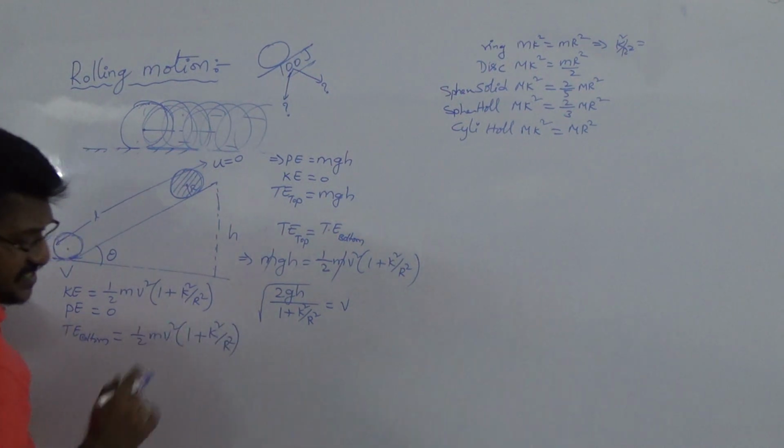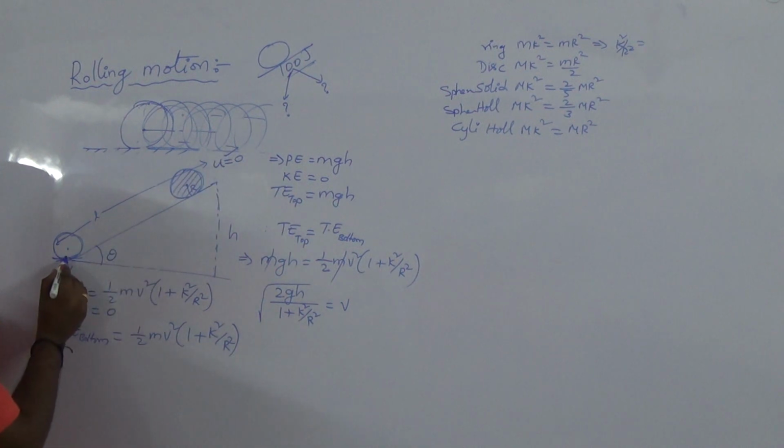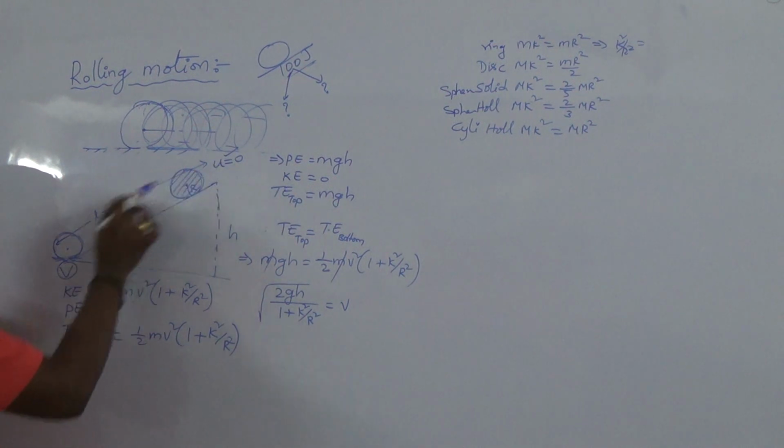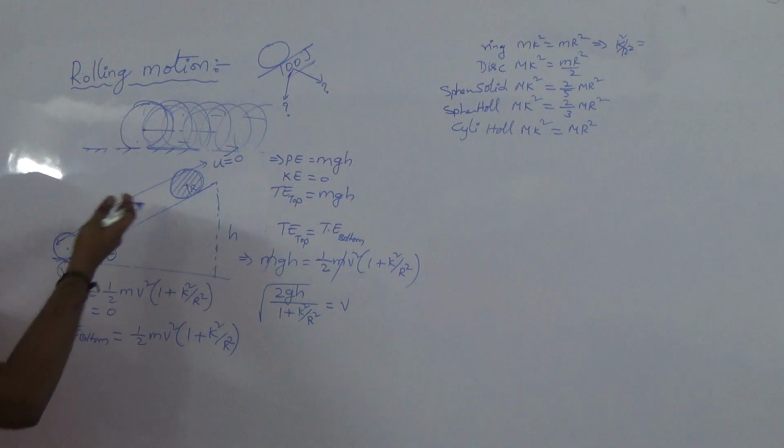In the same way, what is the acceleration? Initially the velocity is 0, and at the bottom the velocity of the body is v. There is a change in velocity, so the body gains some acceleration. What is the acceleration?